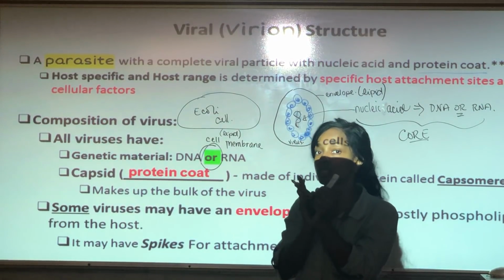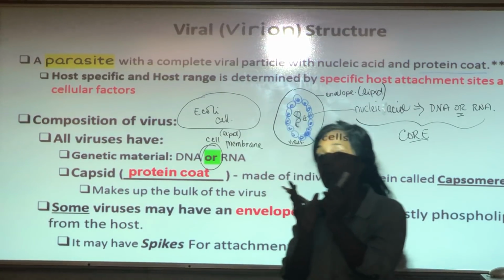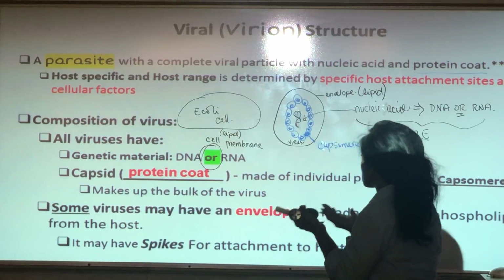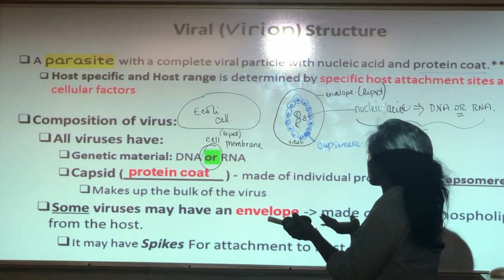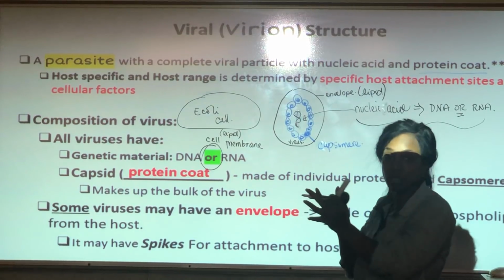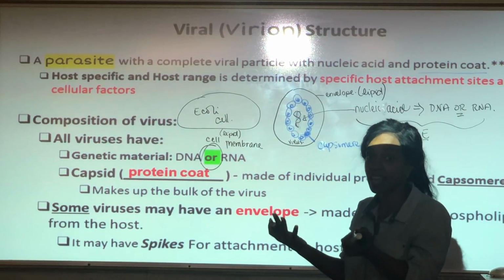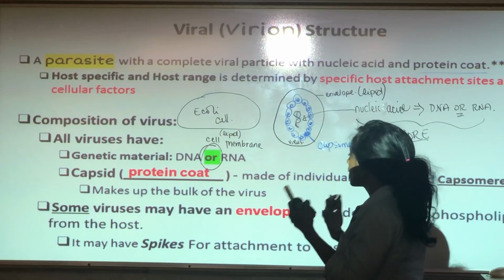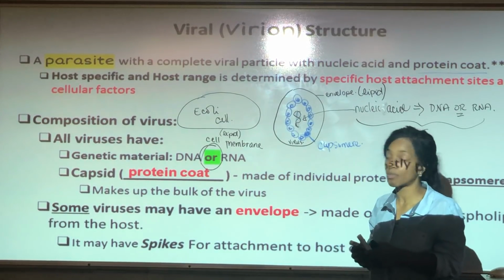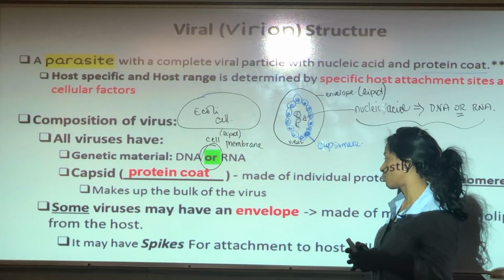It's easier for these two to stick together because they have the same lipid structure. So when E. coli sees the virus, it's not going to do anything to it, and the virus is then able to attach to E. coli and go in and enter. So it gives the virus an advantage to enter some of its host cells if they have an envelope.